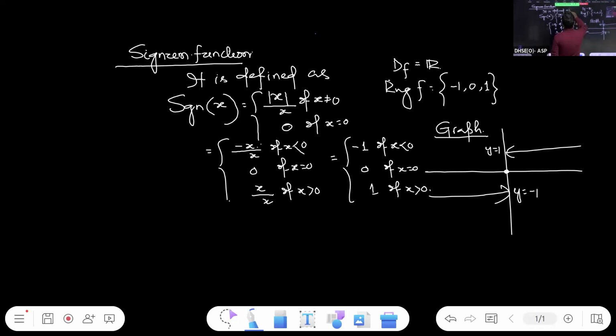Then come to the greatest integer function.